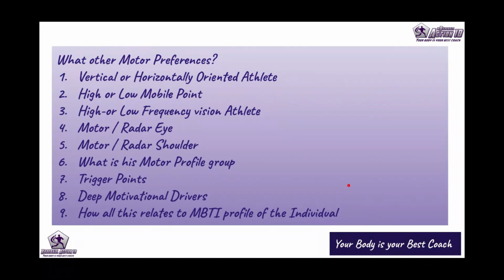Do you have a right or left motor shoulder? What is actually your motor profile group with the properties? What are your trigger points? What are your deep motivational drivers? And all of this is related to the Myers-Briggs type indicator profile of the individual, so we also know how we have to deal with him on the cognitive and the emotional side of it.